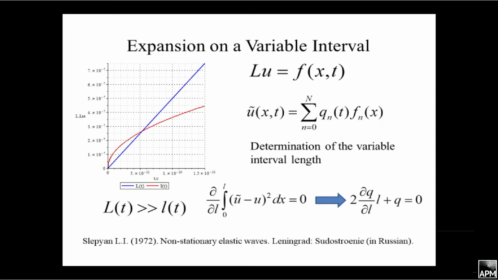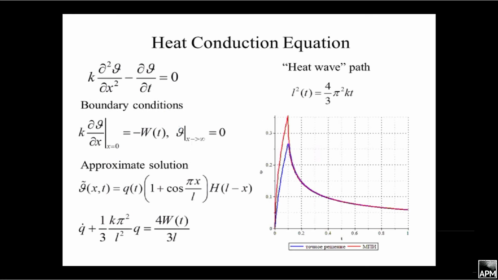I will show the usage of this method for a simple problem, only for the temperature problem. It's a heat conduction equation. You see the flux on the boundary condition, and we will solve for the approximate solution.